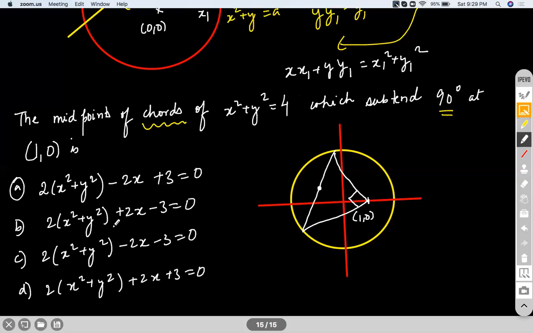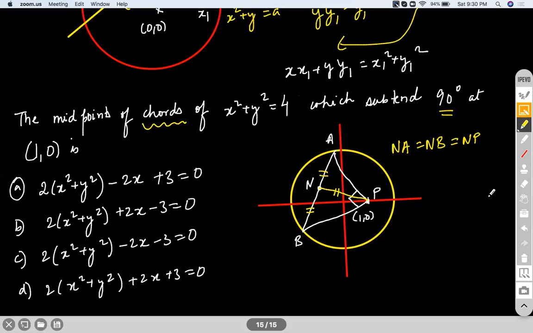Yes, sir. Okay. Let's say I call this point A, this point B, this point N, and this point P. First of all, do you agree that NA will be equal to NB will be equal to NP?